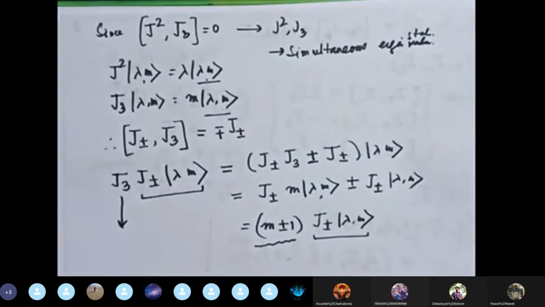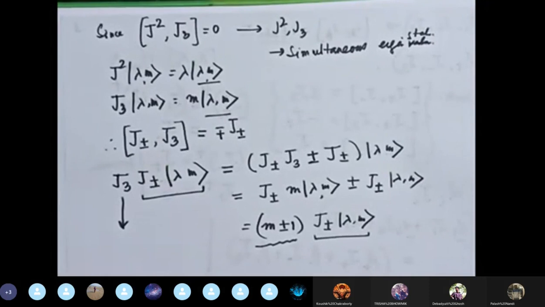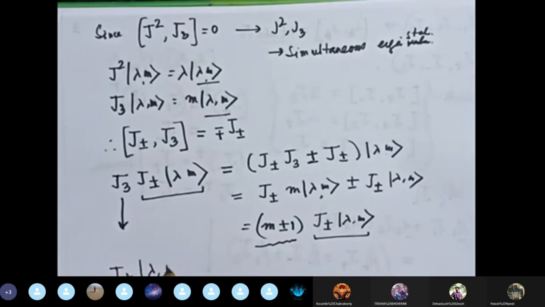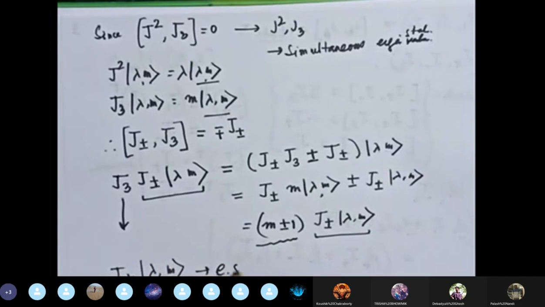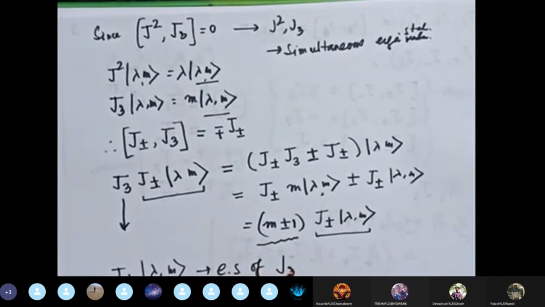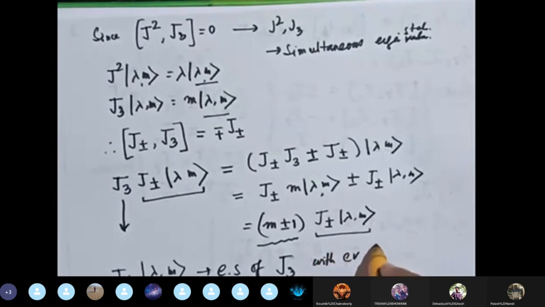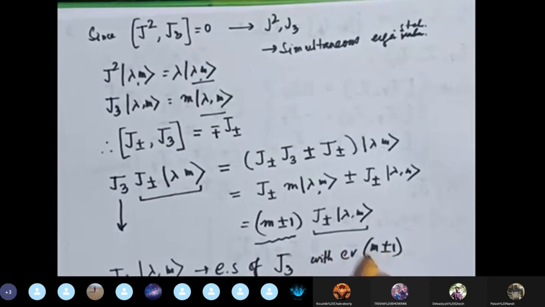So J plus minus lambda m is an eigenstate of J3 with eigenvalue m plus minus 1.